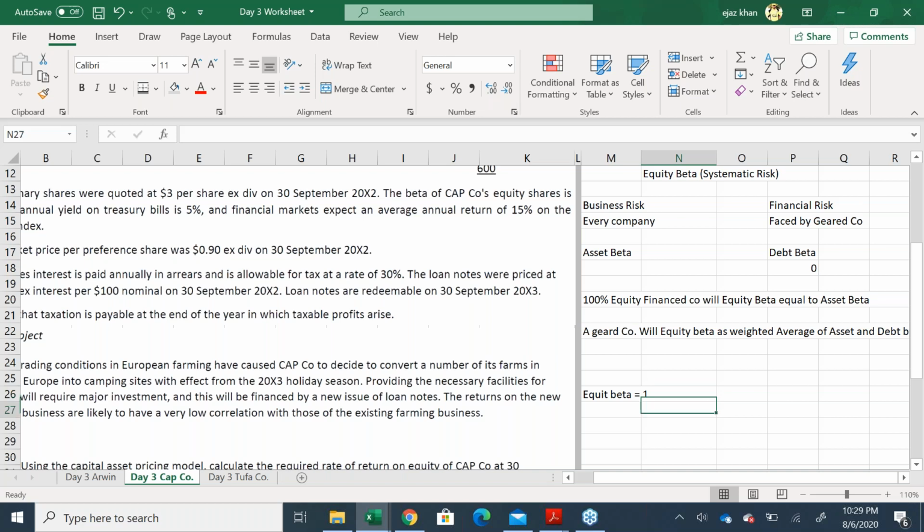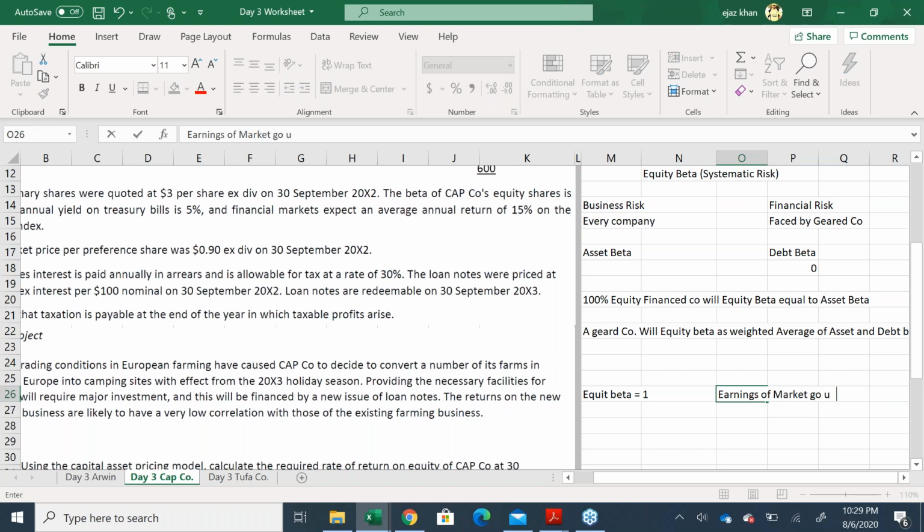Equity beta of more than 1 means it's riskier than the average market. So 1 means, let's say, if the earnings of the market go up by 10%, the company's earnings will also go up by 10%. It will increase or decrease in line with the market.